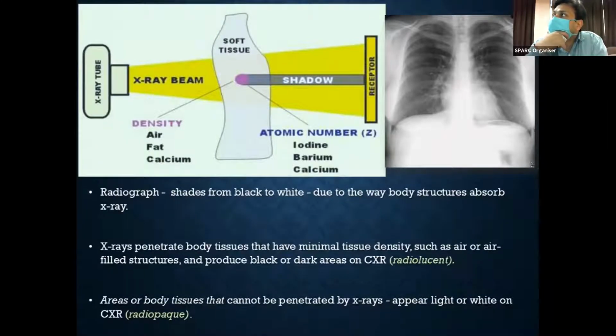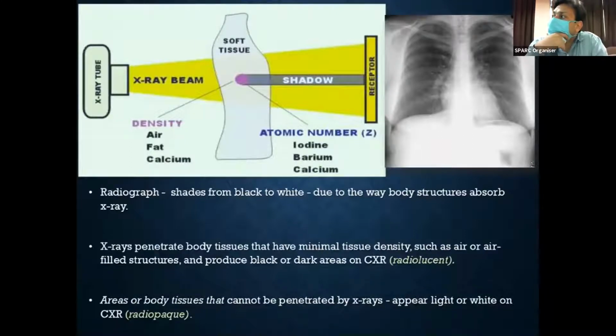This shadow is made up of multiple shades. Some are blackish, some are whitish, some are grayish. So depending on what structure the beam is penetrating, whether the lung or the bone, different opacities appear on the chest X-ray depending on the anatomical organ.